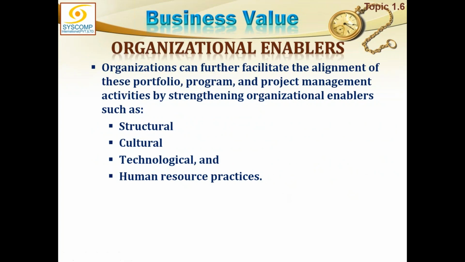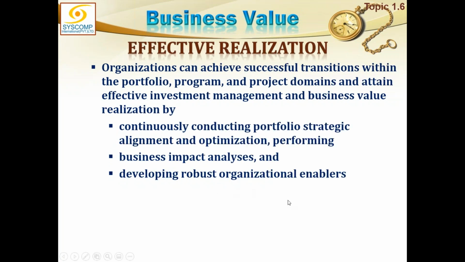Then we have the organizational enablers, which I said are structural, cultural, technological, and human resource practices. So organizations can achieve successful transitions within the portfolio, program, and project domains and attain effective investment management and business value realization by continuously conducting portfolio strategic alignment and optimization.